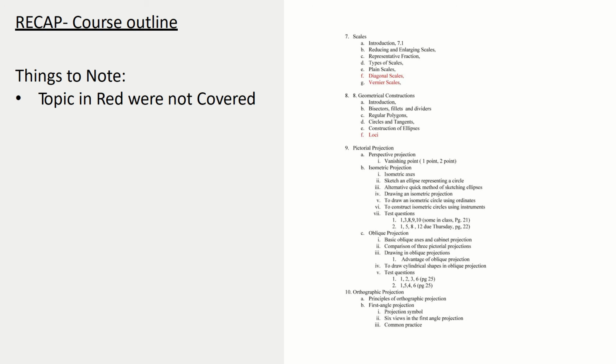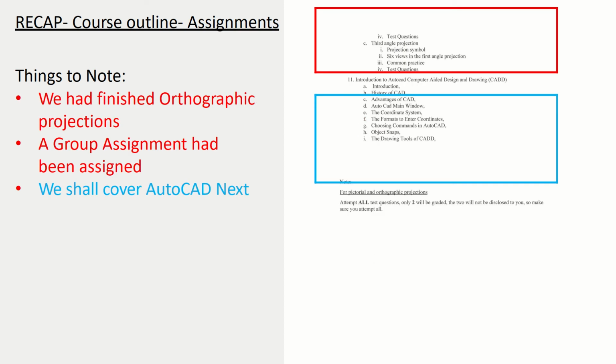Just briefly, this is something you don't really have to look into, but we definitely looked at isometric projections and oblique projections. And we concluded with orthographic projections. So we finished orthographic projections and I assigned a group assignment, and this needs to be turned in before the exams. So you have to find a way to turn this in.